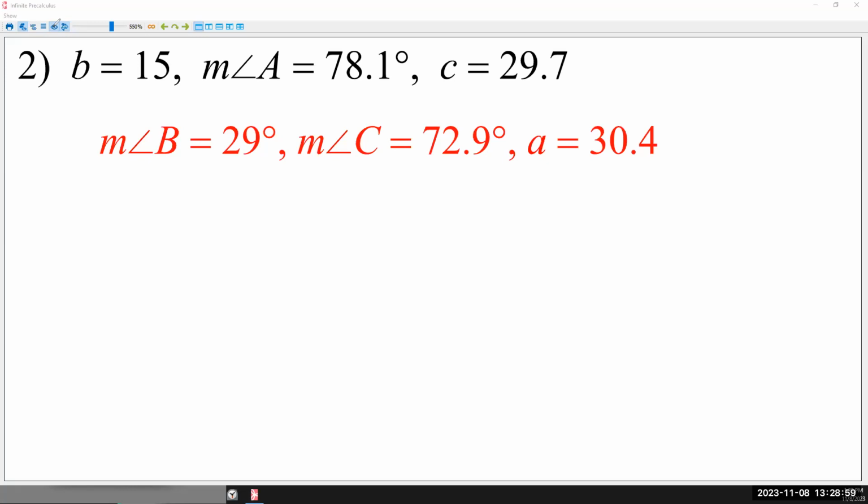Okay, so let's start. For B, I got 28.9, but for C, I got 7. Yeah, okay, that's fine.